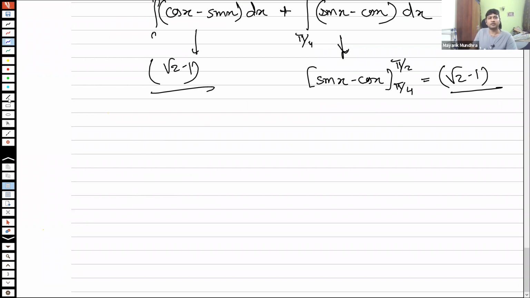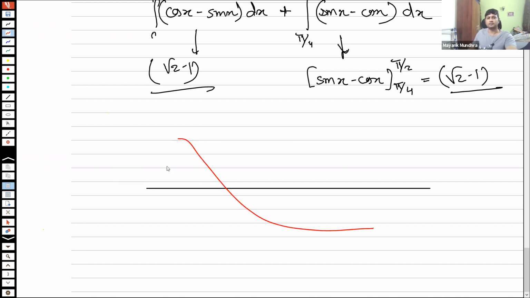So suppose I have this function, which looks like this, going from A to B. I want to find this region, this entire area.